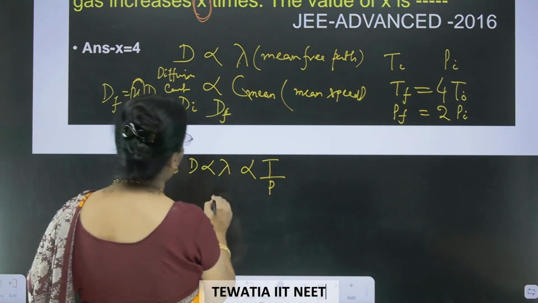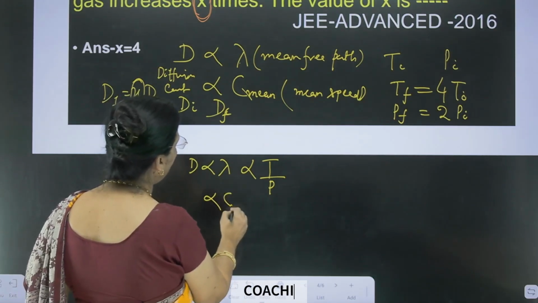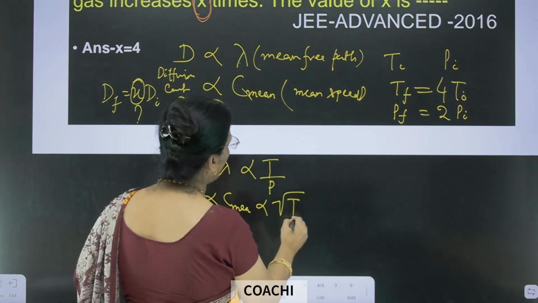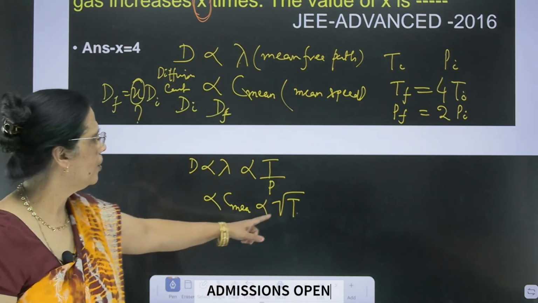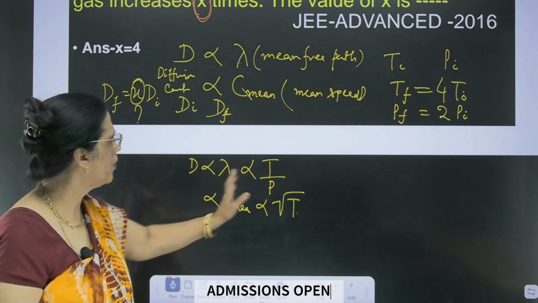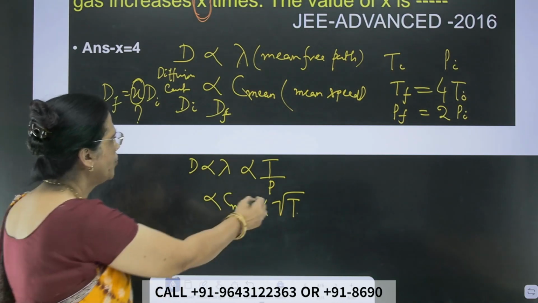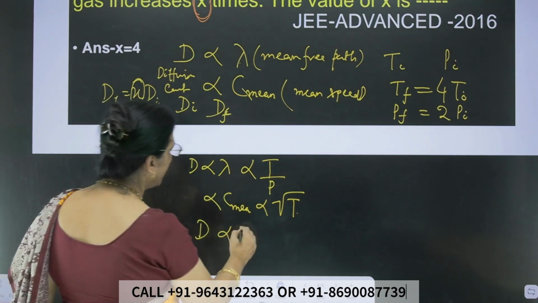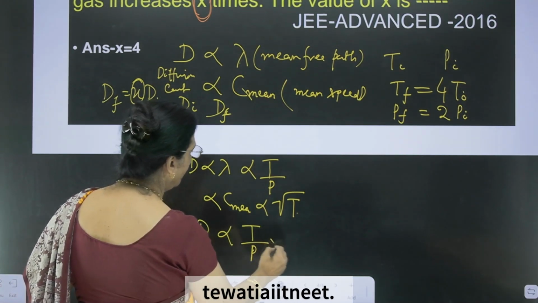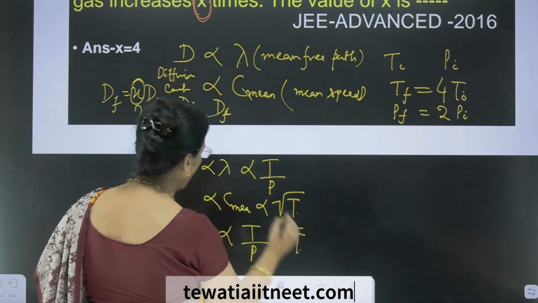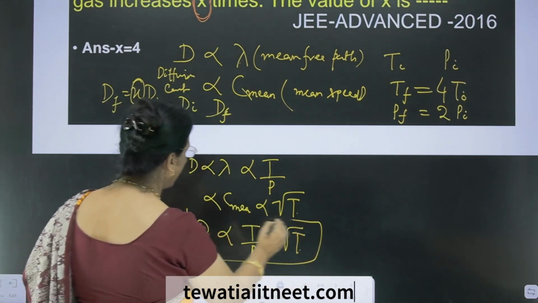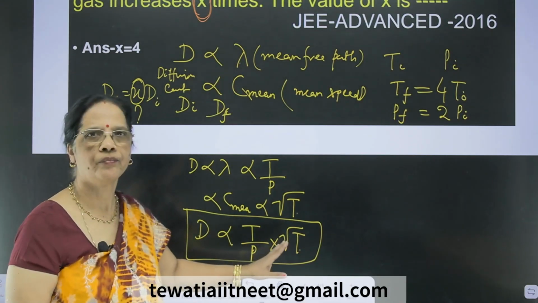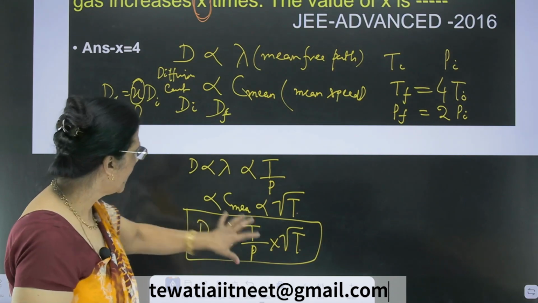And C mean is proportional to root T, the square root of temperature. So D is proportional to T by P into root T. So we get this general relation between the diffusion coefficient, temperature and pressure.